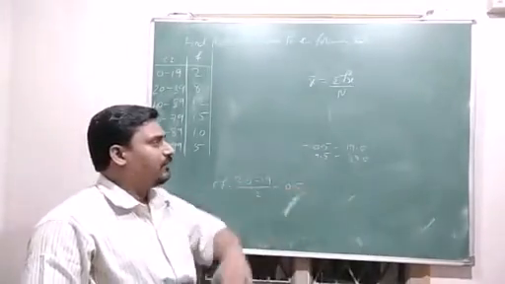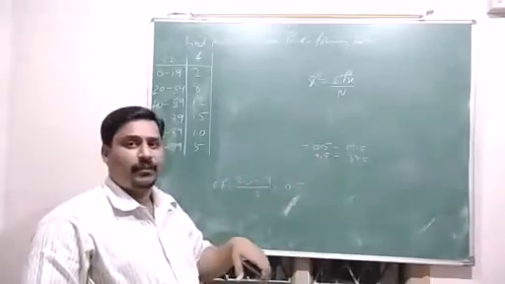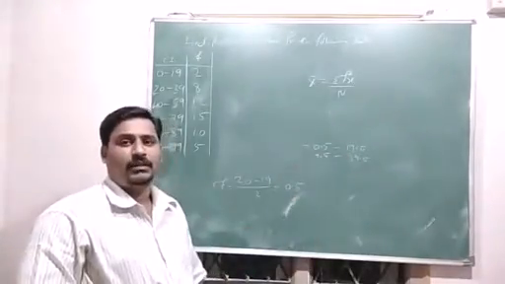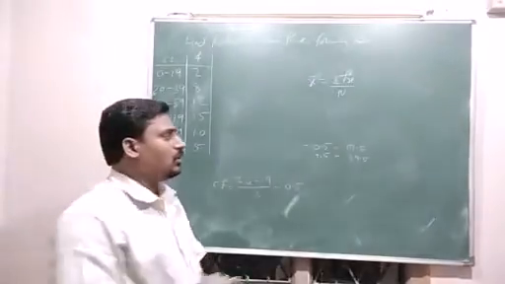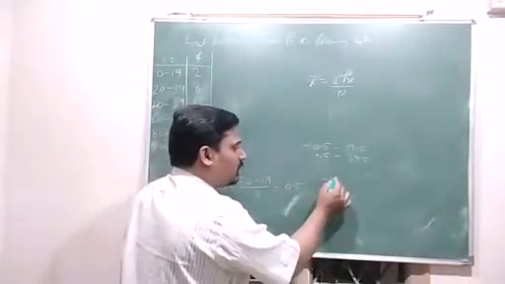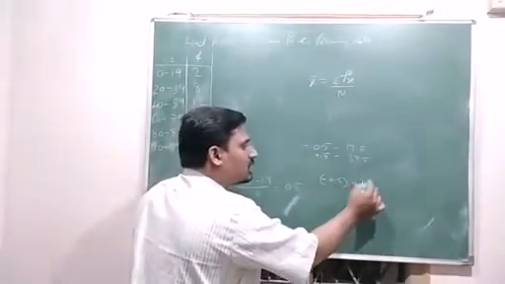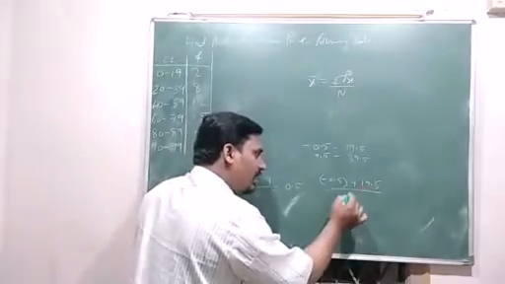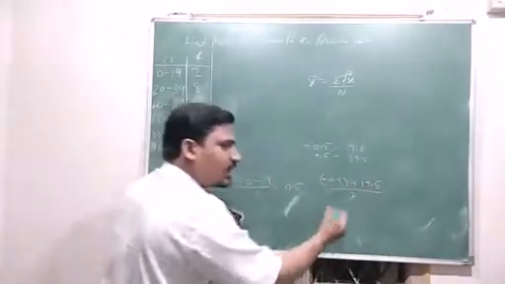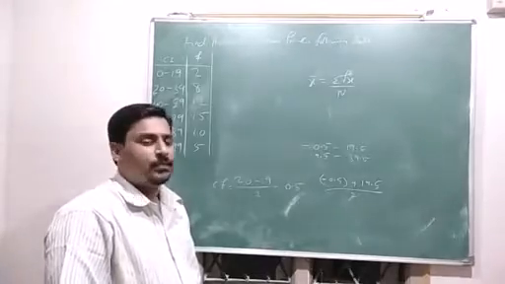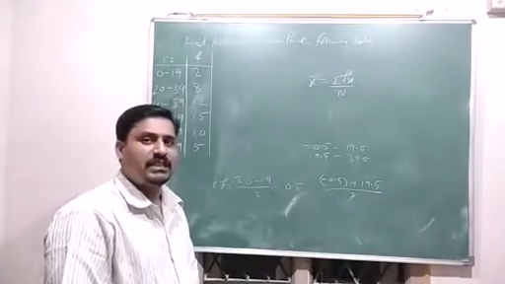So minus 0.5 and 19.5, add both and divide by 2. So minus 0.5 plus 19.5 divided by 2. Minus 0.5 is there, so opposite signs deduct each other. 19.5 minus 0.5 is 19.